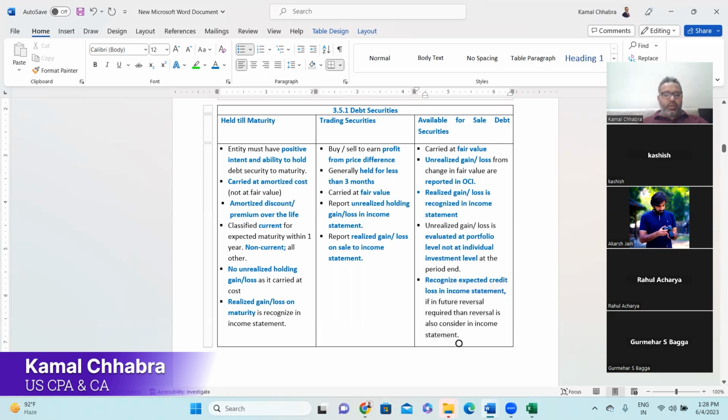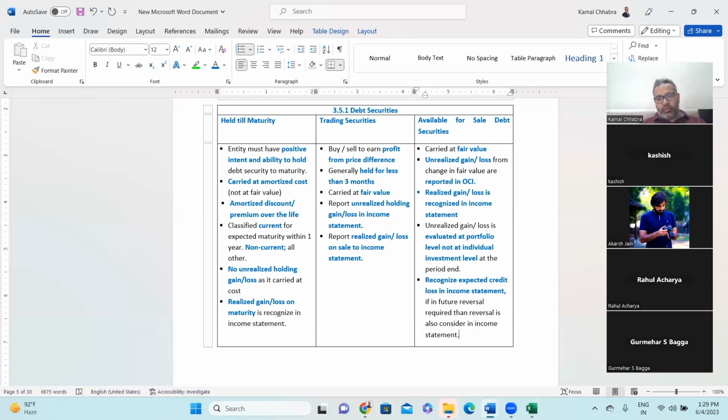So for debt security, there are three types: held till maturity, trading security, and available for sale debt security. Held till maturity is what you are holding till maturity, and there are two important things: one is the intent to hold it, and second is the ability to hold it.